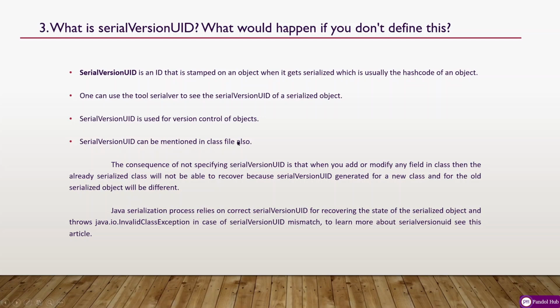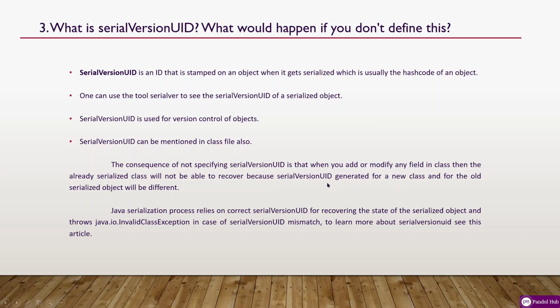This can be mentioned in the class file also. The consequence of not specifying serial version UID is that when you add or modify any field in a class, the already serialized class will not be able to recover, because the serial version UID generated for the new class and for the old serialized object will be different.